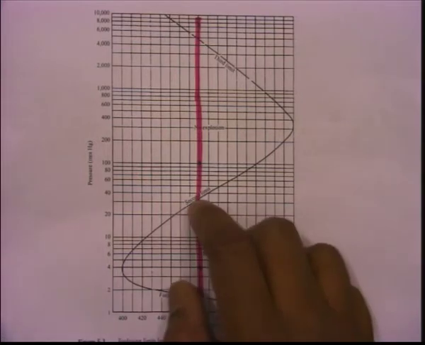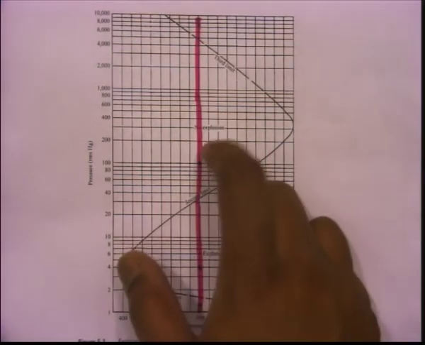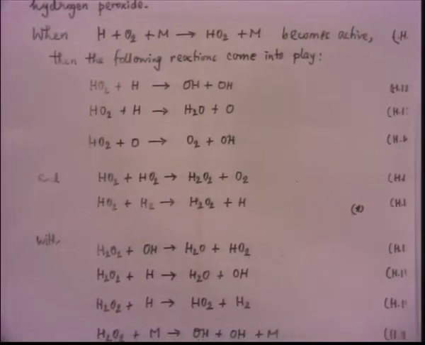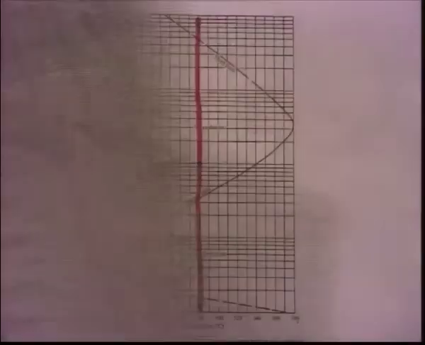So, you got a second limit. So, you got again no explosion, again the explosion disappears. So, why does that happen? This has an explanation in terms of the reactions that we have.